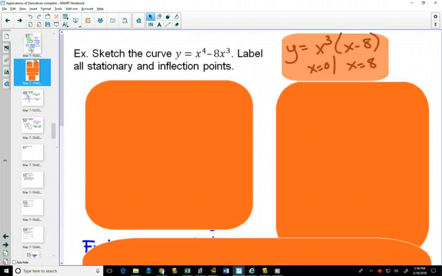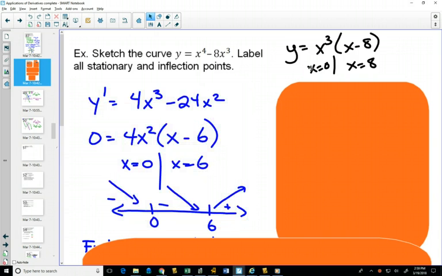So, first of all, we wanted to find our x-intercepts. For plugging things back in, some of the numbers, you could still mental math it. Okay, so here's our first derivative, and there is the first derivative test.